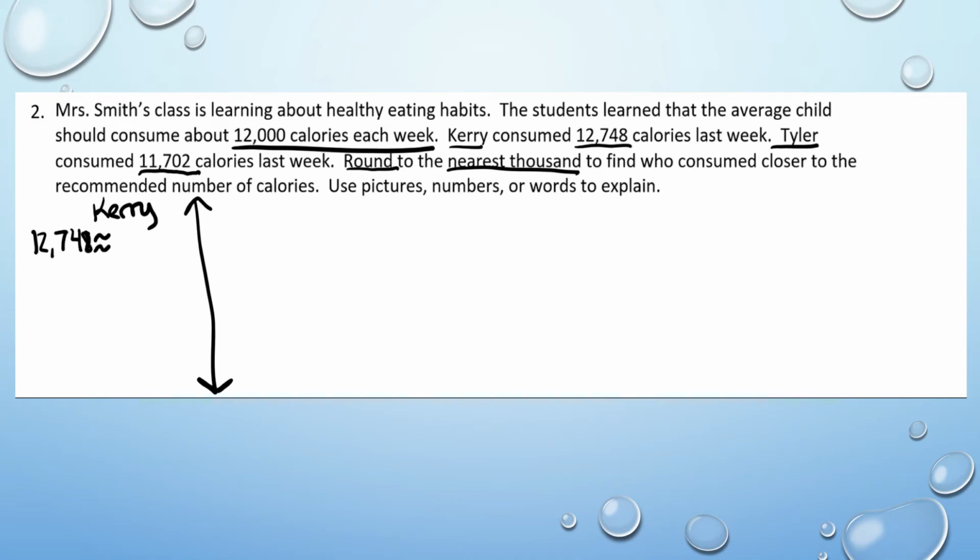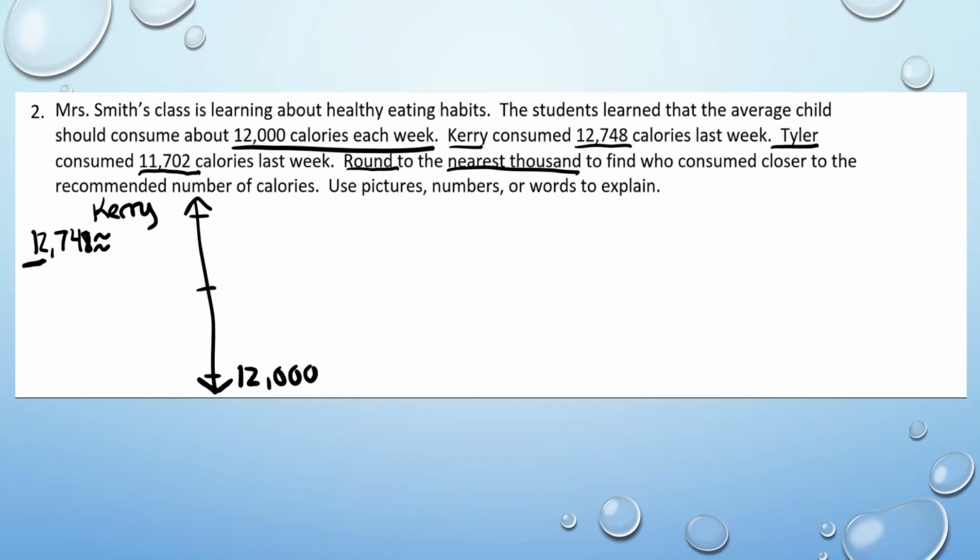And I know I have to round that, so I'm going to put the rounding symbol. I'm going to set up my benchmarks, and I'm rounding to the nearest 1,000. So I'm going to underline the digit in the thousands place, which is a 2. The value of the 2 is 2,000, but I have to bring all those digits with me, so I'm going to write 12,000.